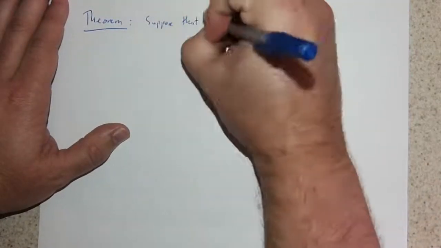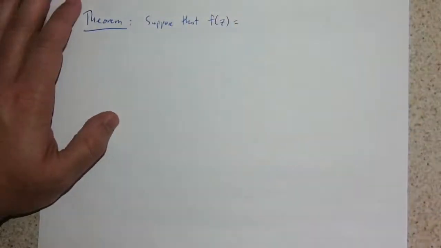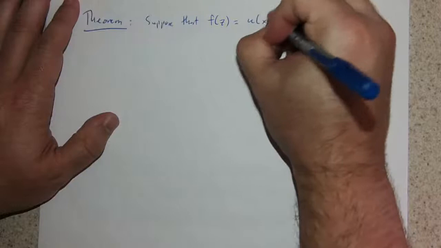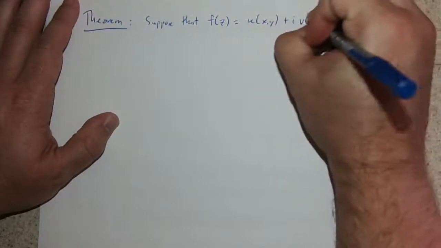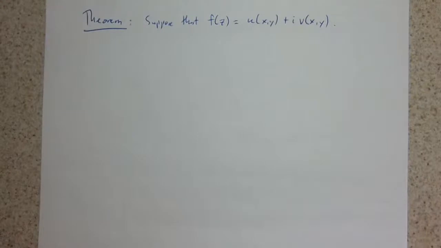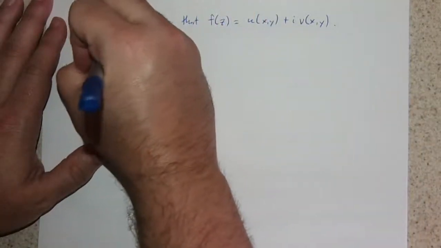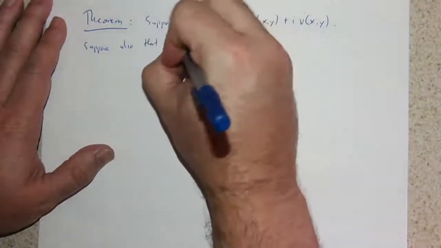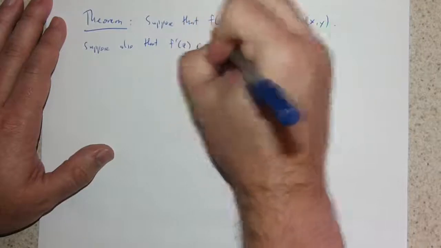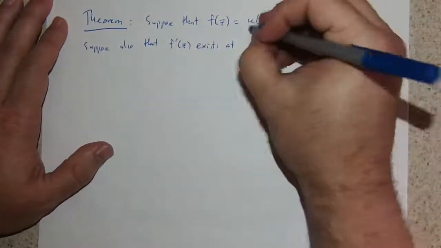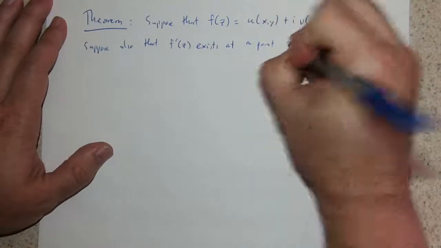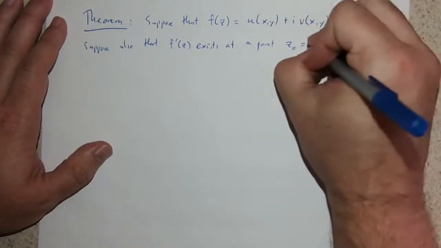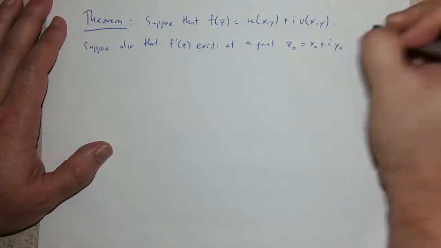we have this criterion that we talked about. So suppose that f of z is u of x y plus i times v of x y. Suppose also that f prime of z exists at a point z naught equal to x naught plus i y naught.